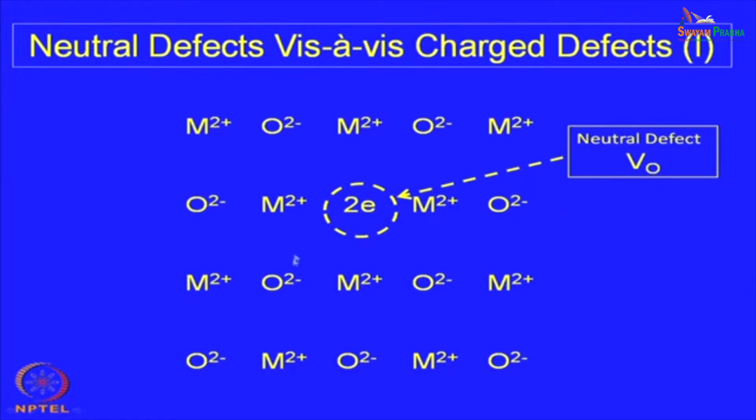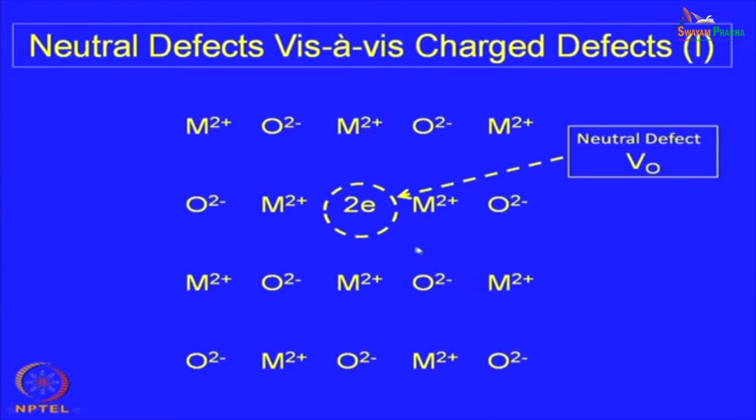Just like metal ions are charged ions, or the oxygen ion is a charged ion, while a metal atom is not a charged one. So, similarly for a defect in an ionic lattice, there is a possibility of what we call charge defects or neutral defects.